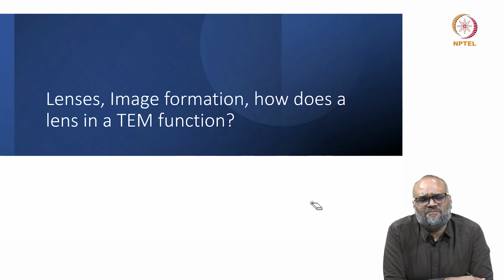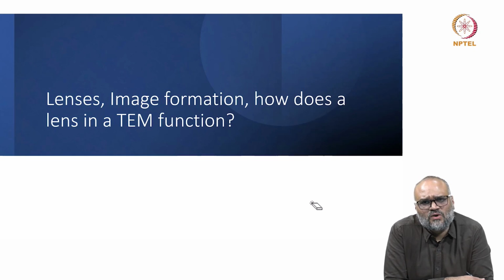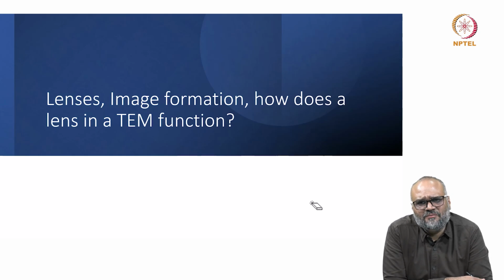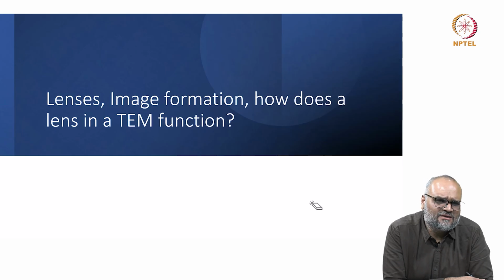Now, my objective in this particular lecture is to show you how an image is stored, how the image is formed, and how I understand this image in terms of the interactions that happen just within the lens in a microscope.